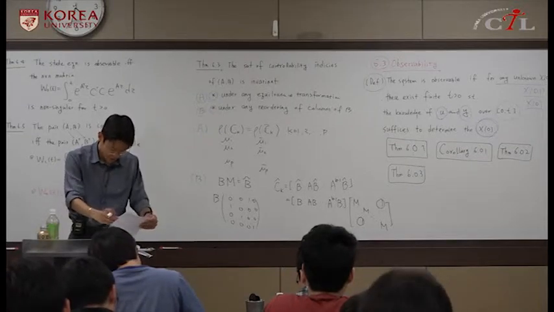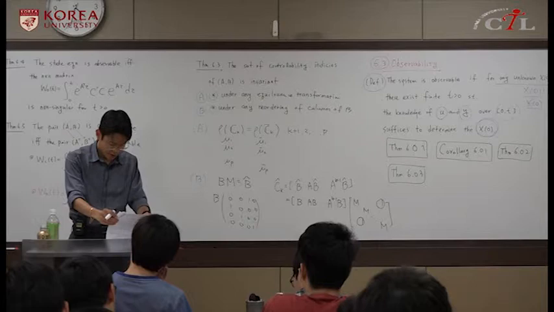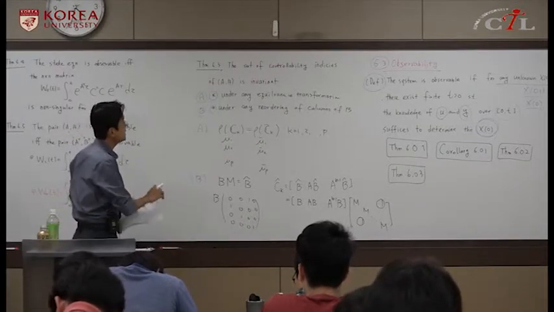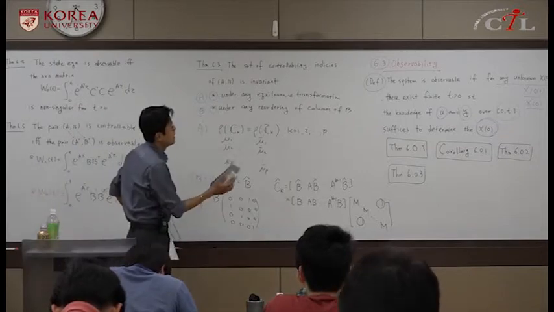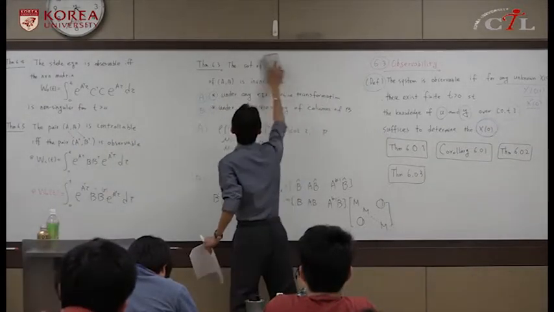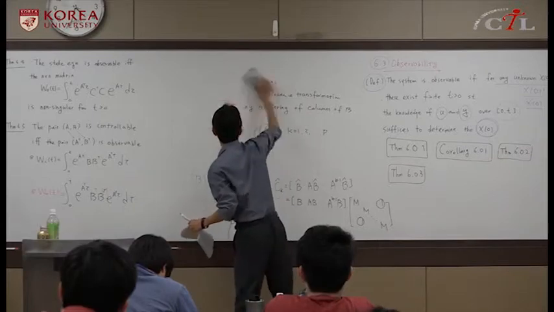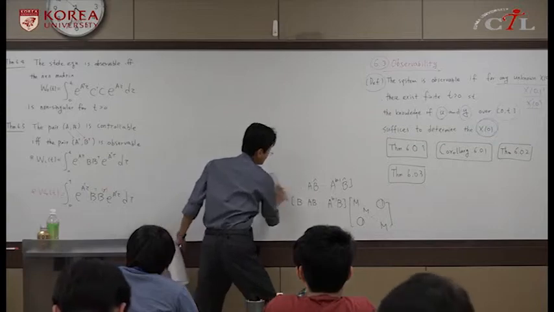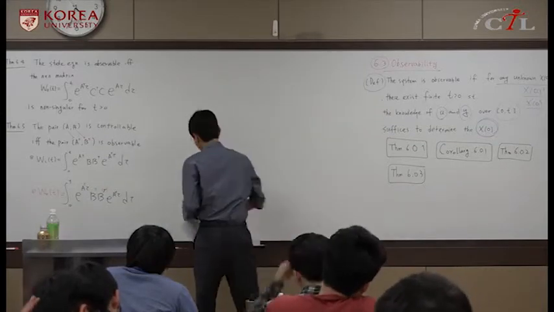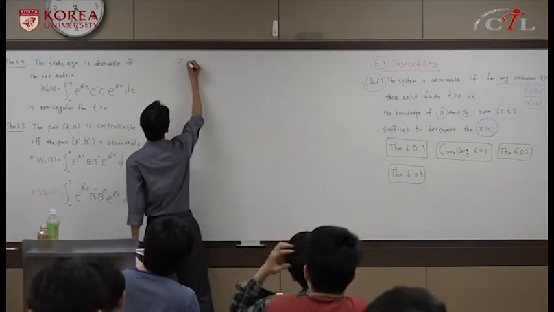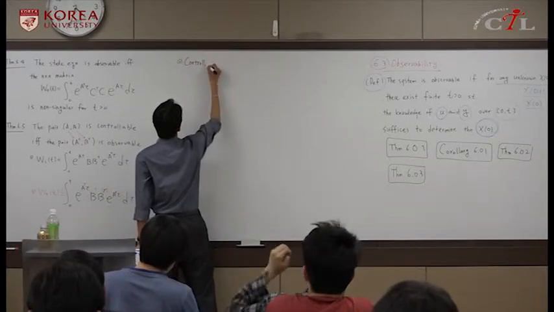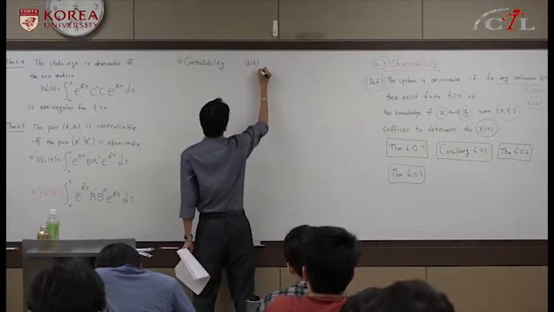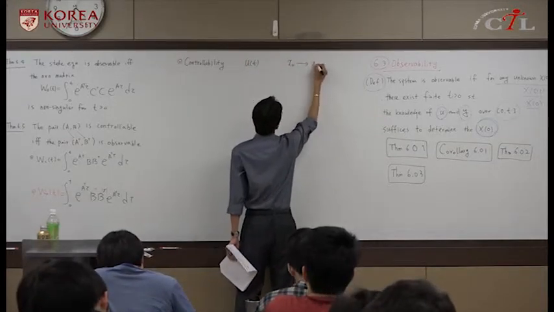But there's one difference between controllability and observability, which is how to find things. When we do the controllability, we set u(t) to send the x0 to x1.